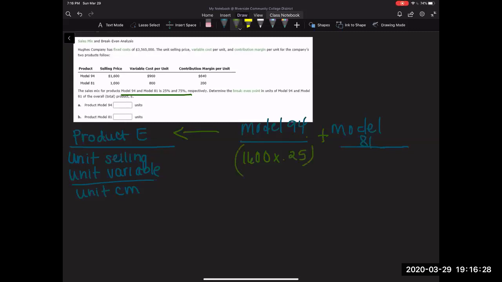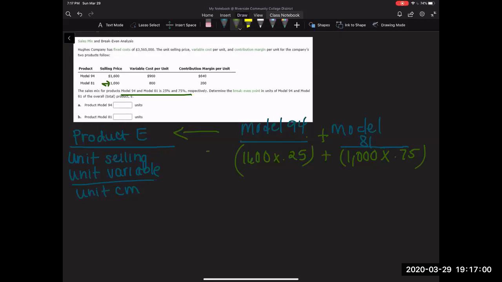Then we do the same thing for model number 81. The selling price for model number 81 is $1,000, and the sales mix for this one, based on the total sales of both products, is 75%.